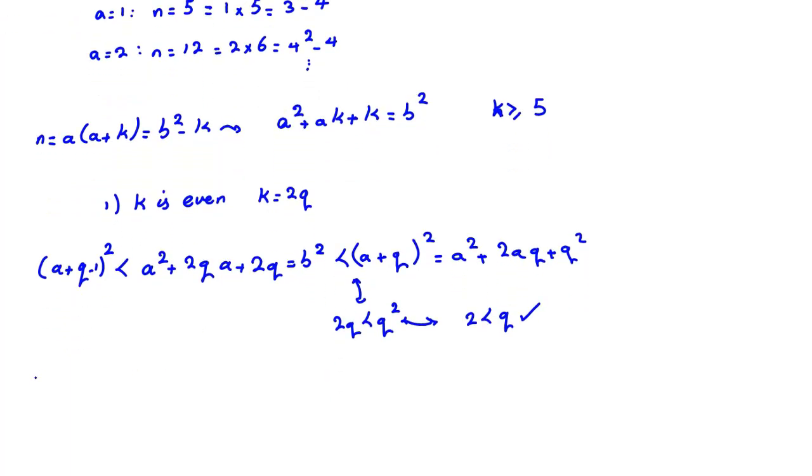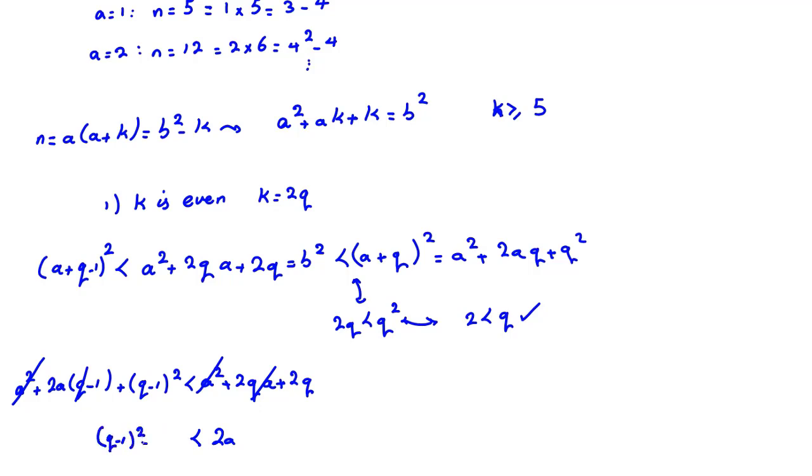Now let's consider this part. It will be a squared plus 2a(q minus 1) plus (q minus 1) whole squared. Why is it less than a squared plus 2qa plus 2q? We want to prove it. So 2aq will be cancelled. So negative 2a, we take it to the right side, 2a, and on the left side q minus 1 squared minus 2q.